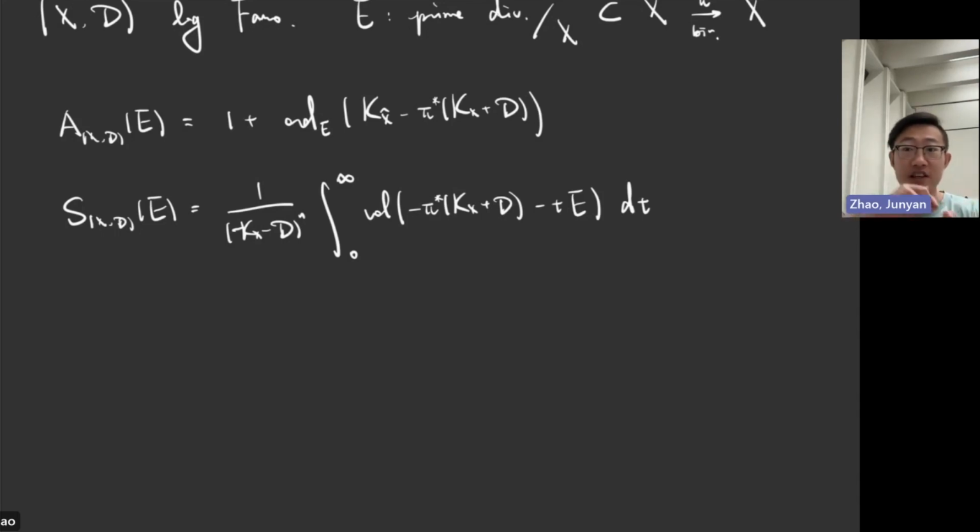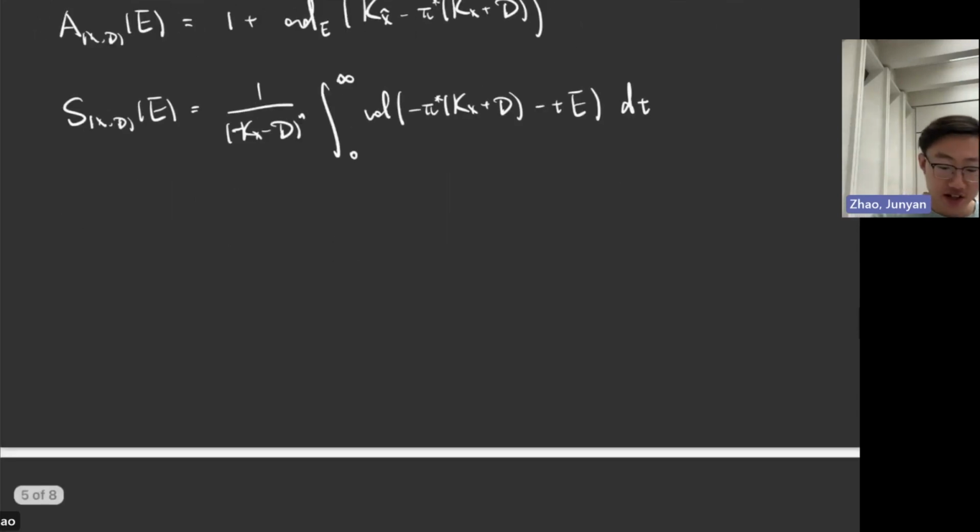This roughly measures the average vanishing order of this divisor along the center of E. So you consider their difference called beta. Beta still depends on X and D, but sometimes we omit that notation if there's no confusion. It's given by the difference of them.